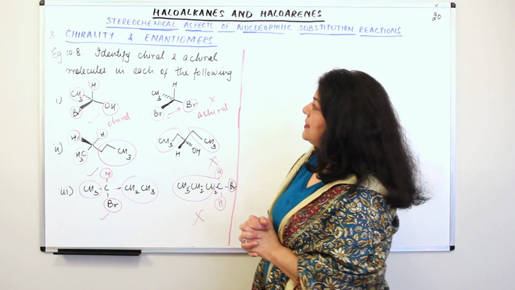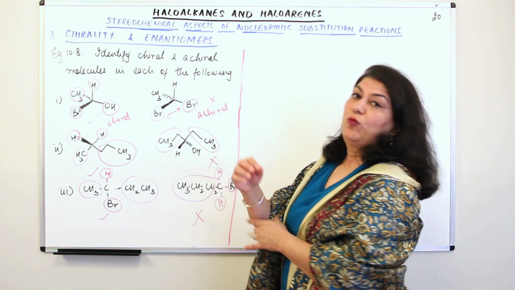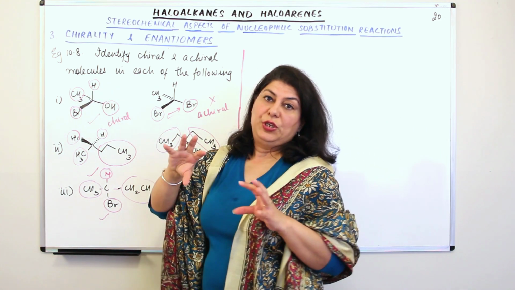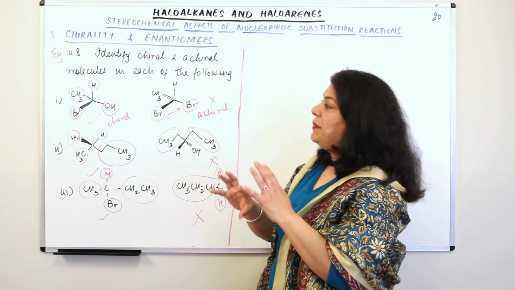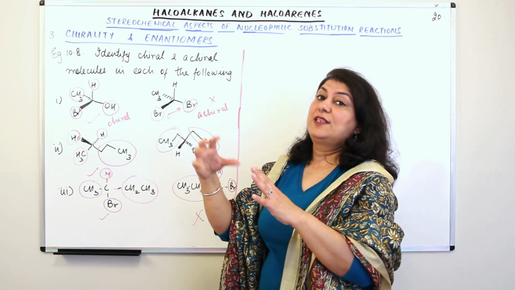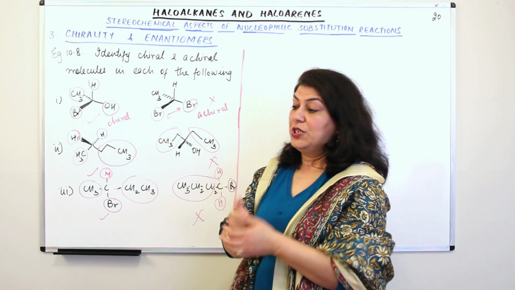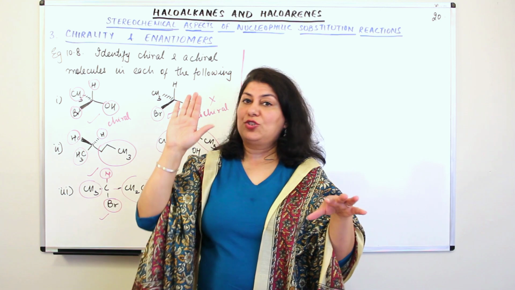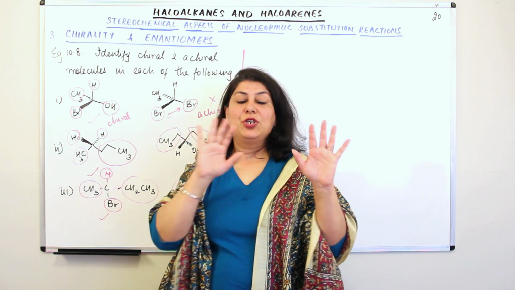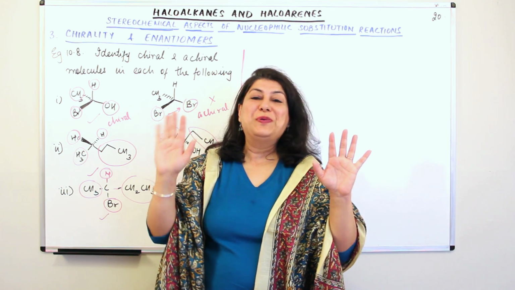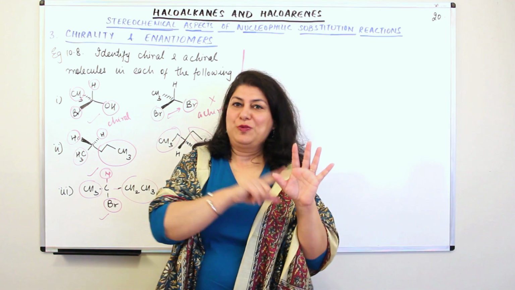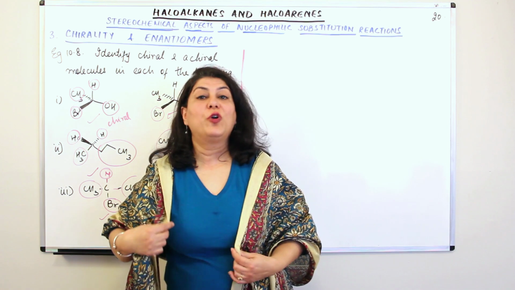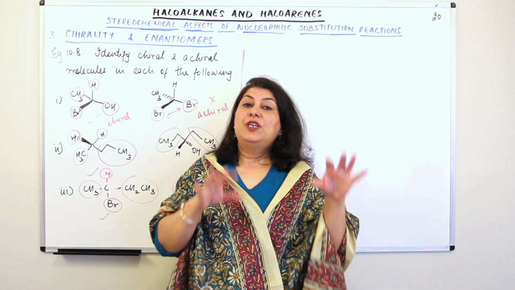I hope with this it is clear what chirality is and what enantiomers are. A chiral molecule is one which is present with its non-superimposable mirror image. The pair of molecules, one of which is the non-superimposable mirror image of the first one, would be known as a pair of stereoisomers or enantiomers.